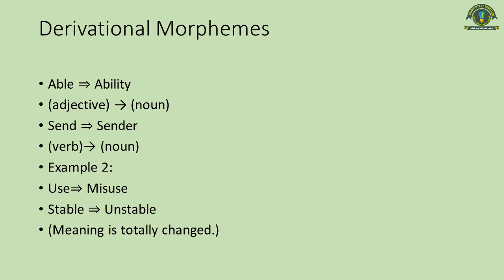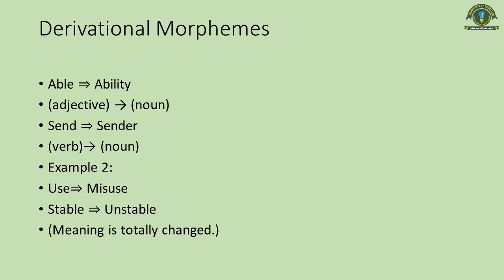First of all, the derivational morphemes. Derivational morphemes are morphemes that are added to the base form of a word to create a new word. For example, with the help of able, we can create ability. Able is an adjective while ability is a noun. In the same way, send is a verb while with the help of send we can create sender, which is a noun.